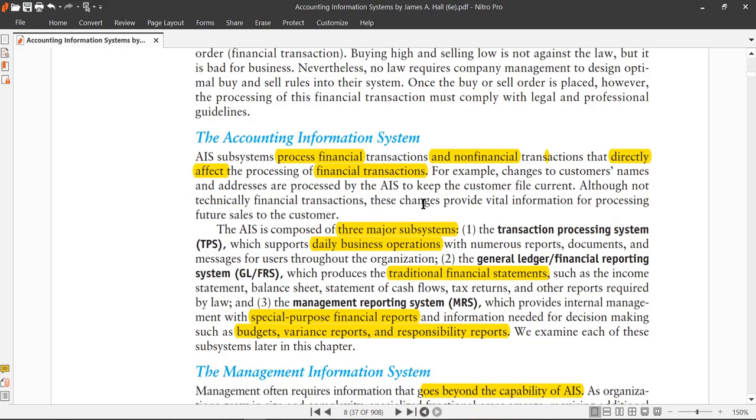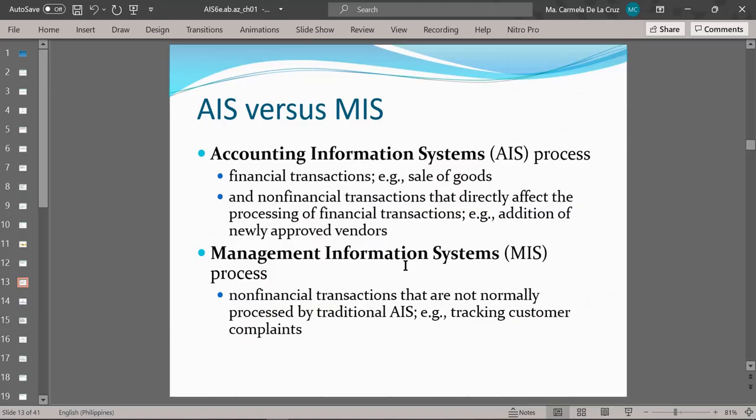So, yun yung sinasabing non-financial transactions processed by AIS. So, ano naman yung non-financial transactions that are not processed by traditional AIS?